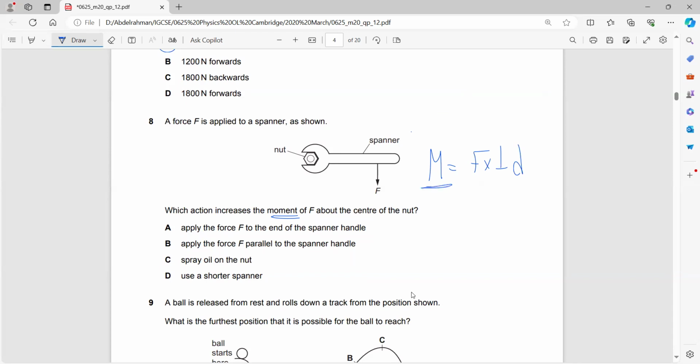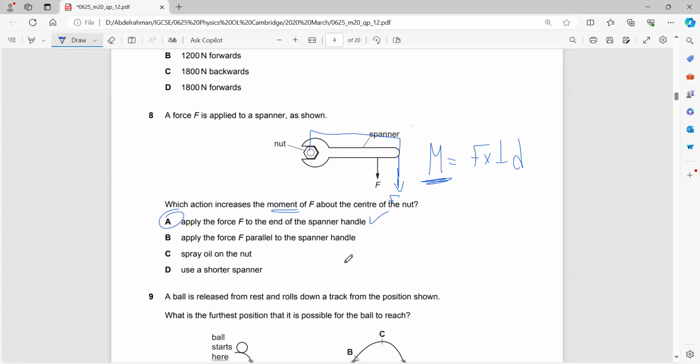Apply the force F to the end of the spanner handle. That means applying the force at this point. Yes, this will increase the distance, and when you increase the distance, the moment increases. Any questions?